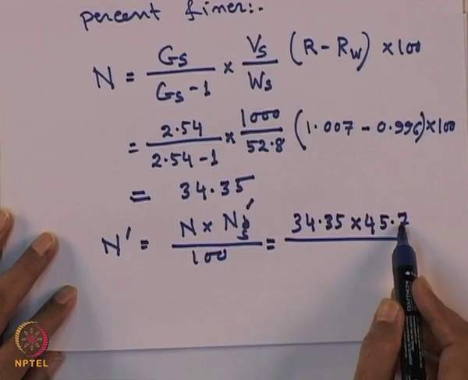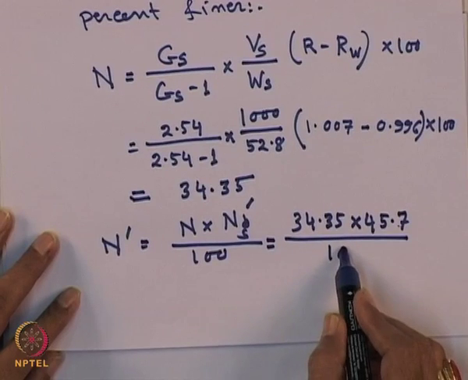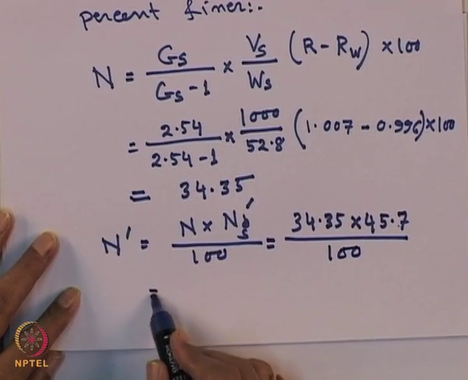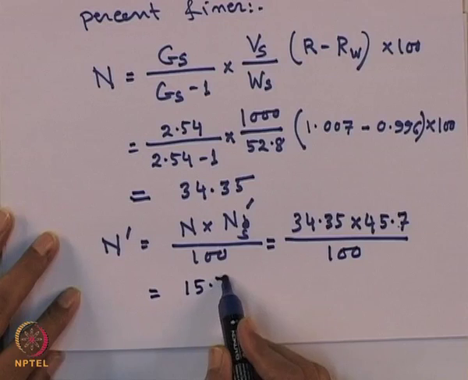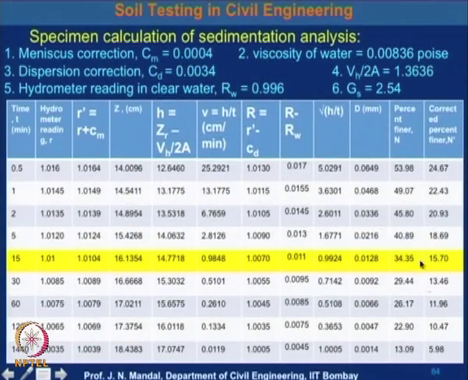You can see earlier that this is 45.7, divided by 100. So, this N dash will be equal to 15.7. So, this value is shown as 15.7. Okay. This way I am just showing one specimen for a particular time.